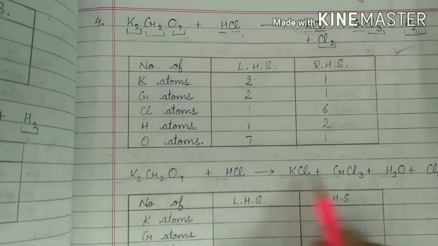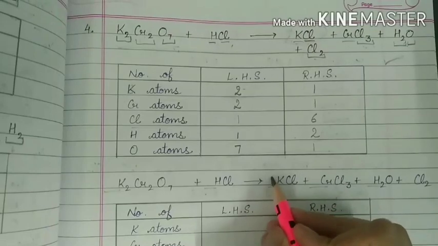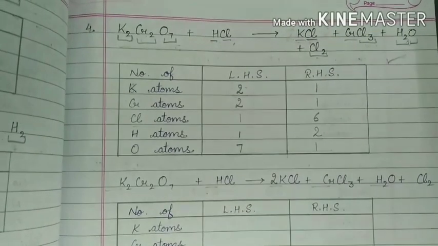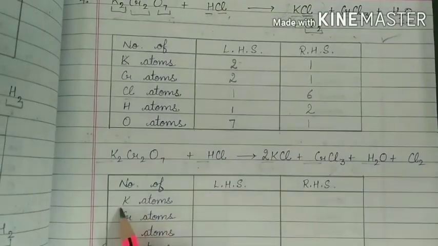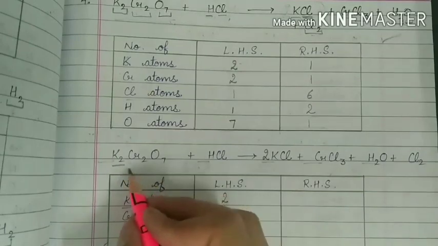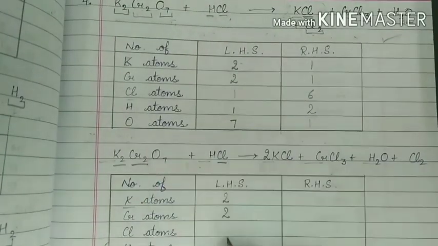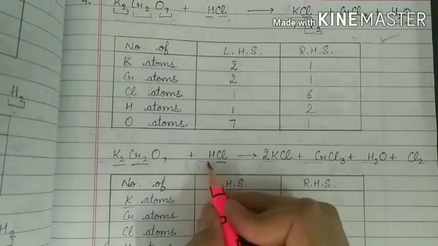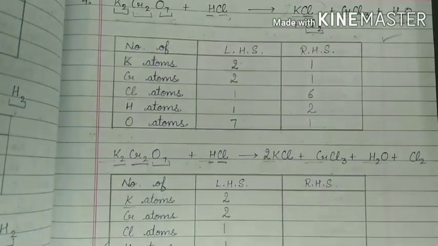Clear? So we can write the equation same as earlier, but we will put 2 in front of KCl. So let's count the number of atoms again. Potassium 2 on the left-hand side, chromium 2, chlorine 1, hydrogen 1, oxygen 7 atoms are there.